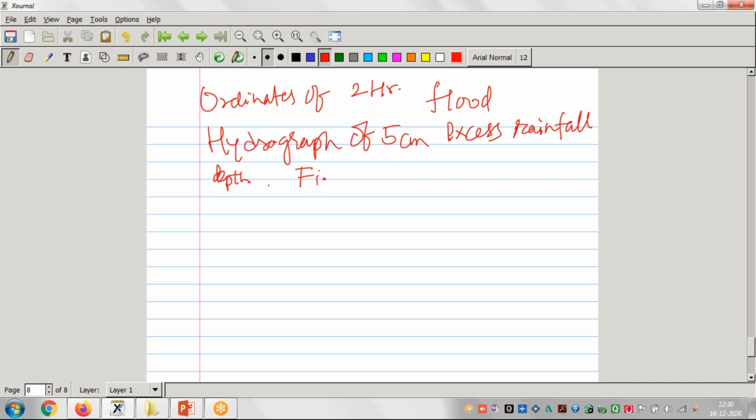Now it is saying: find the direct runoff hydrograph if the base flow is equal to 20 meter cube per second.